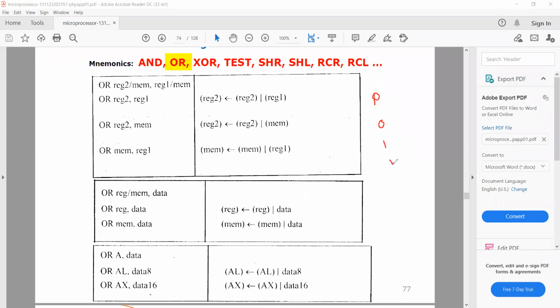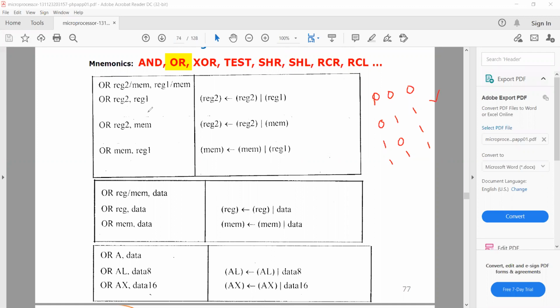I'm just giving you the truth table to make you remember the things. So these are the inputs and this is the output. If any of the input is 1, then you will get the output as 1. So this is the truth table of the OR operation.